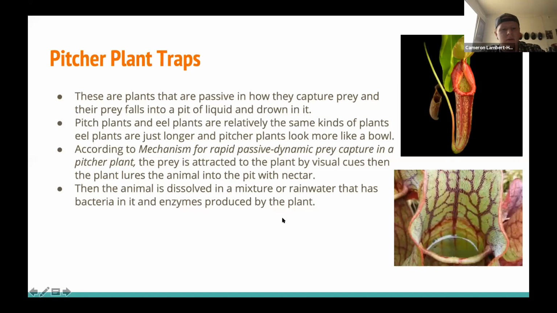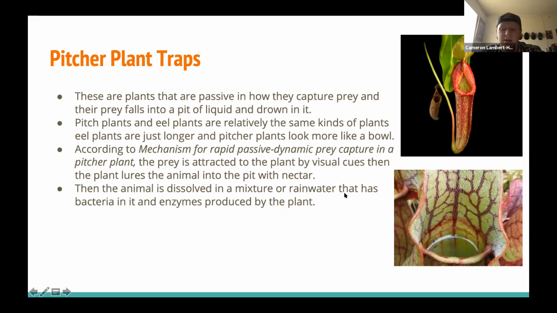According to this article, the prey is attracted to the plant by visual cues, and then the plant lures the animal into the pit with nectar. In the top picture, you can see that there's a leaf, and under that leaf is where the nectar is, and it only gets secreted there. But around the brim of the entire plant is very slick and slippery. So when the animal tries to reach for that nectar, it slips and falls into the pitcher plant.